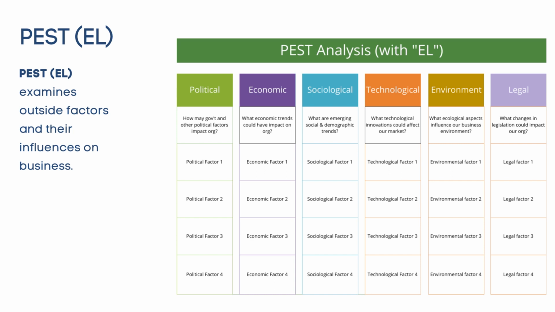Note that some PEST analyses don't use the last two, environmental and legal, but we include these in this overview for understanding. In our PEST deeper dive course, we provide examples of each of these factors. You would brainstorm with your team on what to use that best fits your company needs.